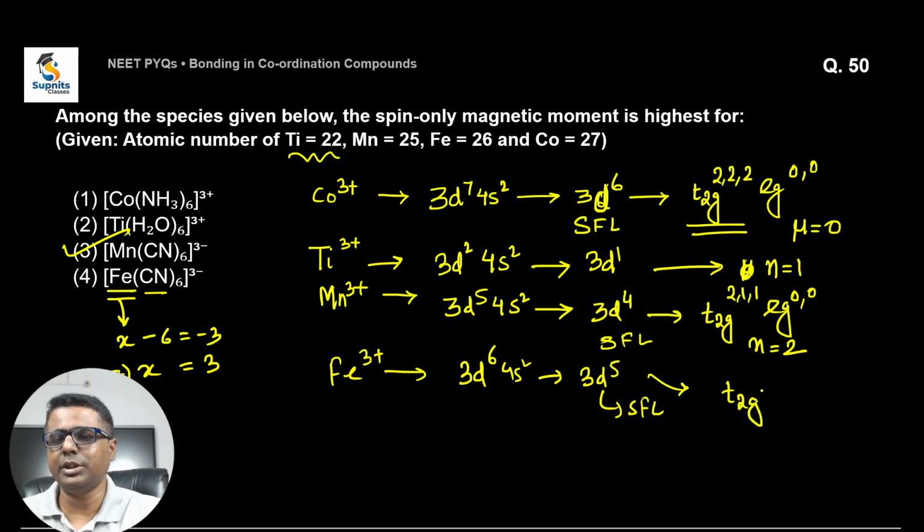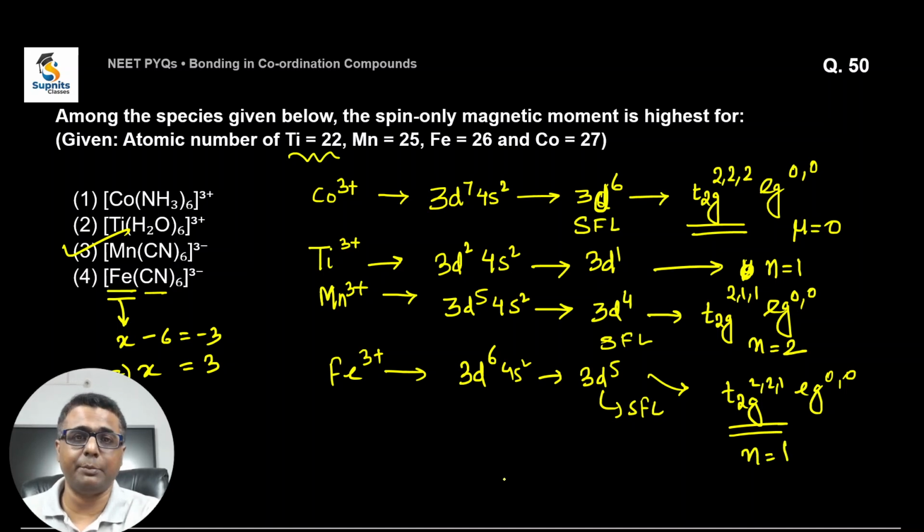That means t2g 2, 2, 1, and eg will not be filled. So the number of unpaired electrons is equal to 1. So the maximum number of unpaired electrons is available in the case of Mn3 plus. So Mn3 plus will have the highest spin only magnetic moment.